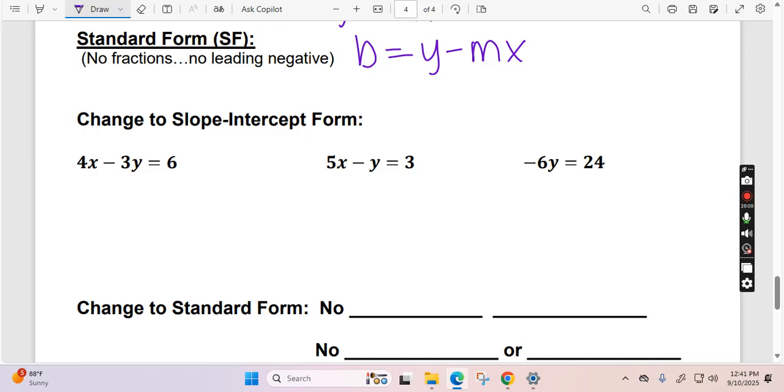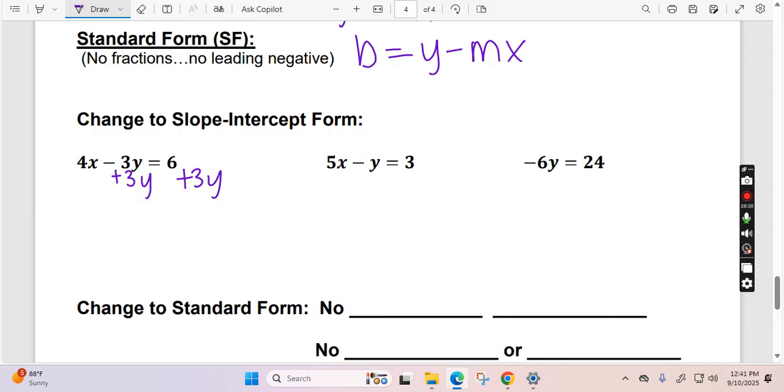Which one's going to make it the most positive, where I don't have to divide by a negative? I can add 3y to both sides, because it doesn't specify which side y has to be on. We can switch it around at the end. It's not like an inequality. There's an equal sign, so everything is equivalent.